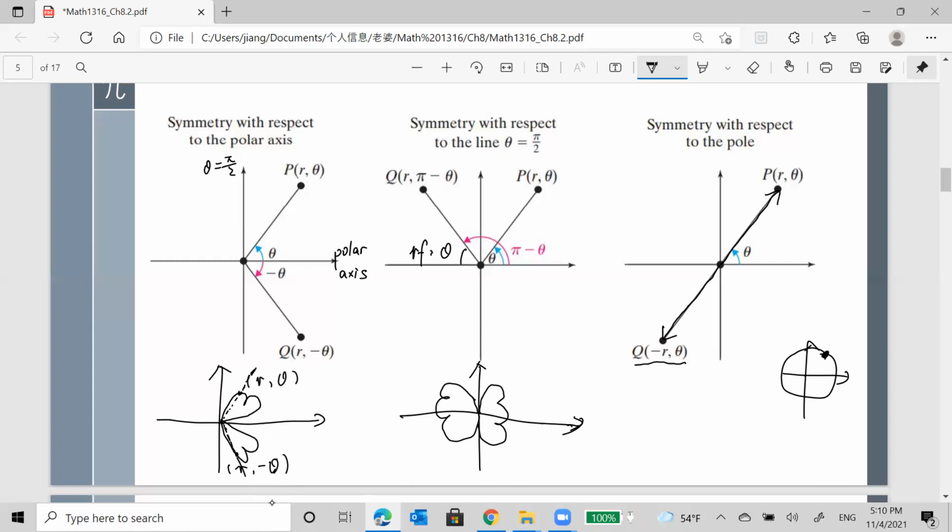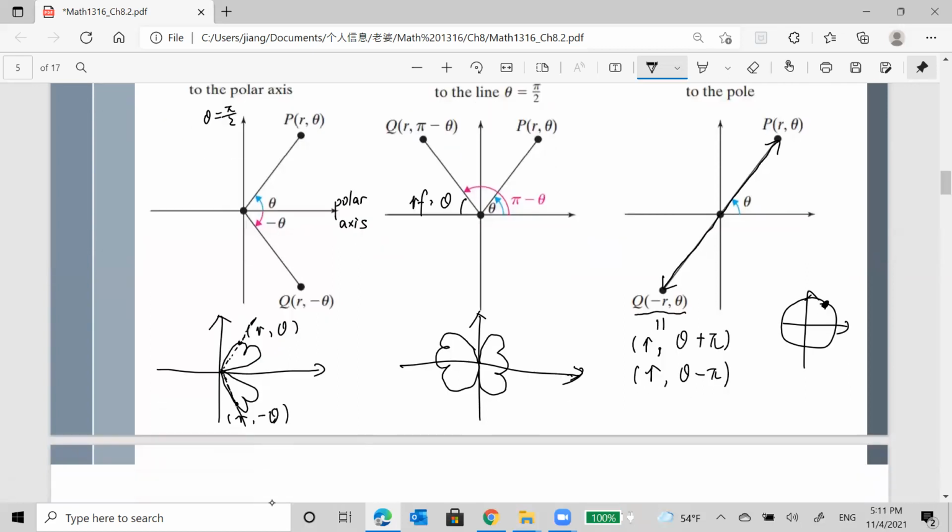That means theta plus pi. I got here. Can I do theta minus pi? Yes. The clockwise rotation, theta minus pi, I got here again. That means this Q point also equals positive r, theta plus pi, or (r, theta minus pi). So I have 3 expressions to express Q. Does it make sense to you?